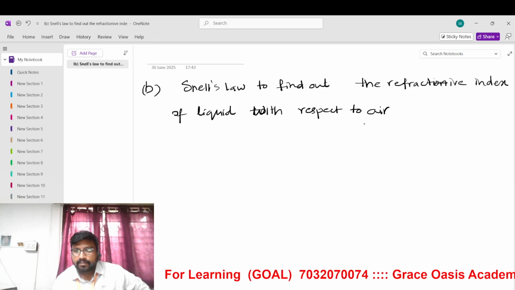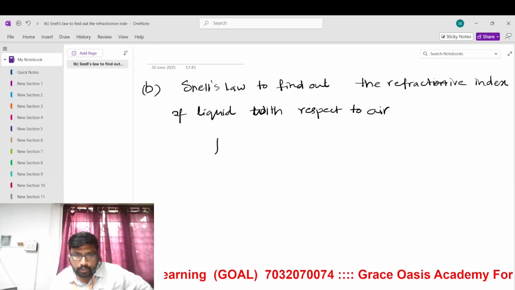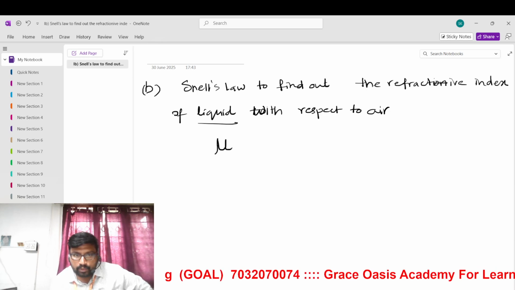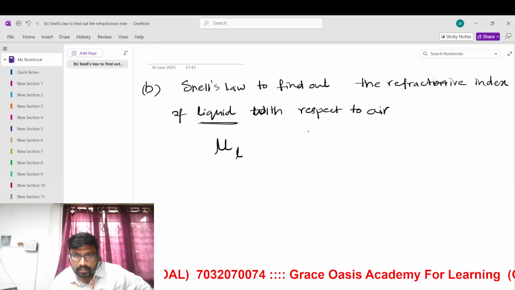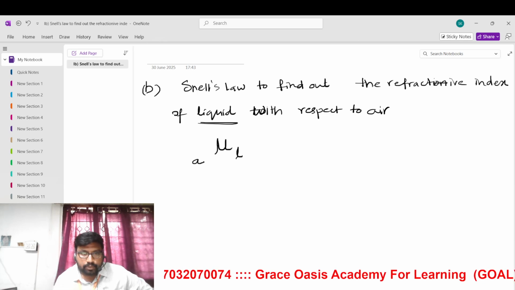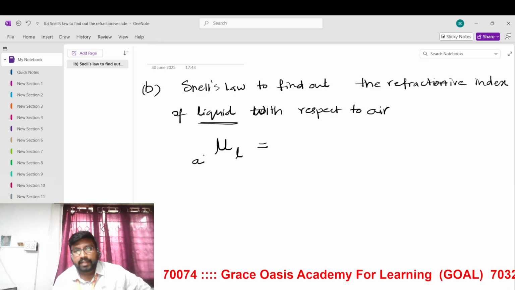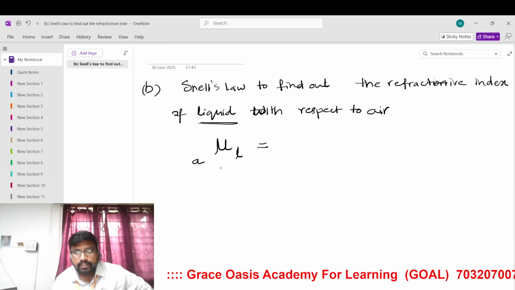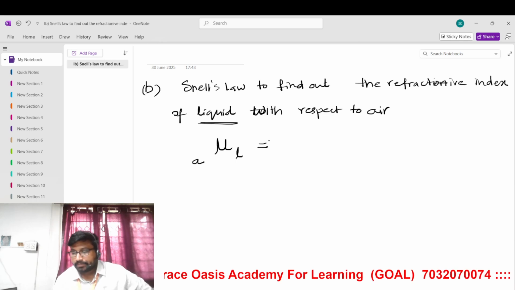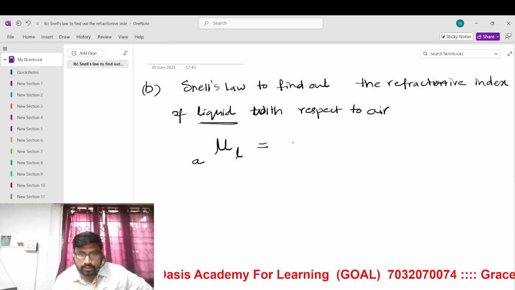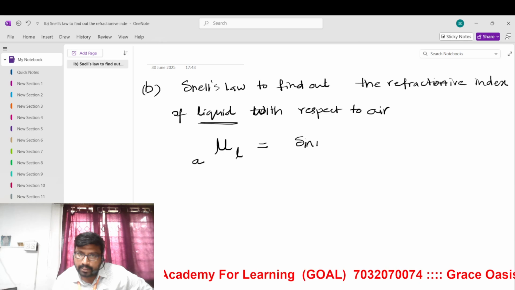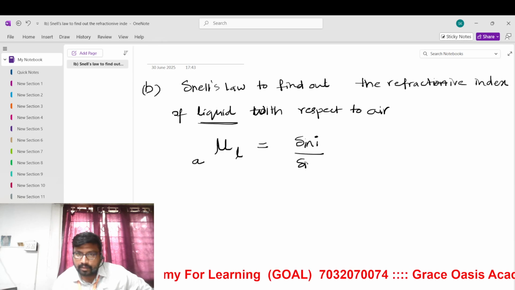Whenever it is said that liquid with respect to air, you have to write mu of liquid, L, with respect to air. Air should be here. Basically, you are finding refractive index for the liquid. So sin I by sin R.